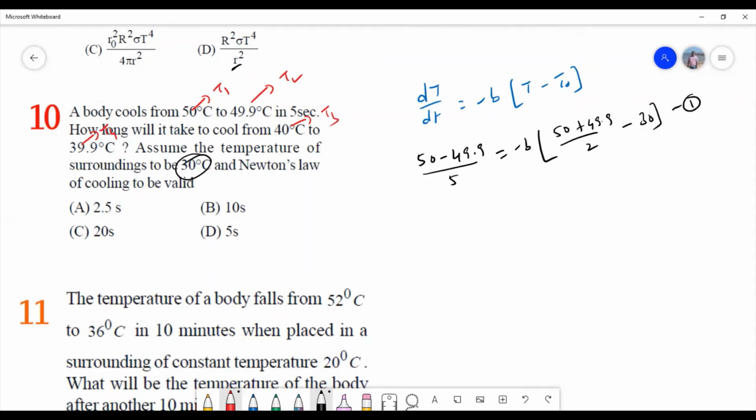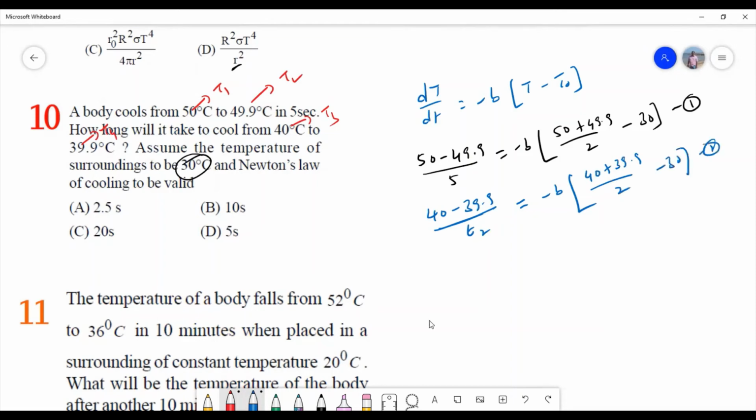This is equation 1. Similarly, for the second part, 40 minus 39.9 by T2, I don't know, that's what I need to find out, is equal to minus b into again (40 plus 39.9) by 2 minus 30.